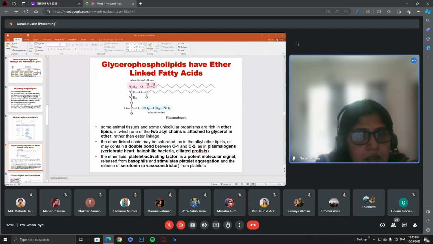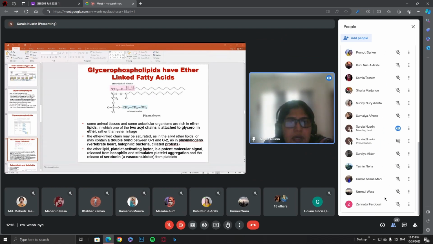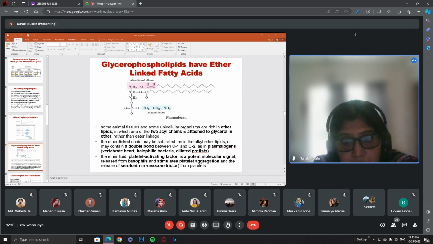So this type of bond is present in this particular glycerophospholipid, but the head group is linked to the glycerol in the same way as we have seen in the previous slide, through a phosphate group, that means by phosphodiester bond. And here the head group is ethanolamine. And this particular glycerophospholipid is called plasmalogen, and plasmalogen is actually present in animal tissues or unicellular organisms.